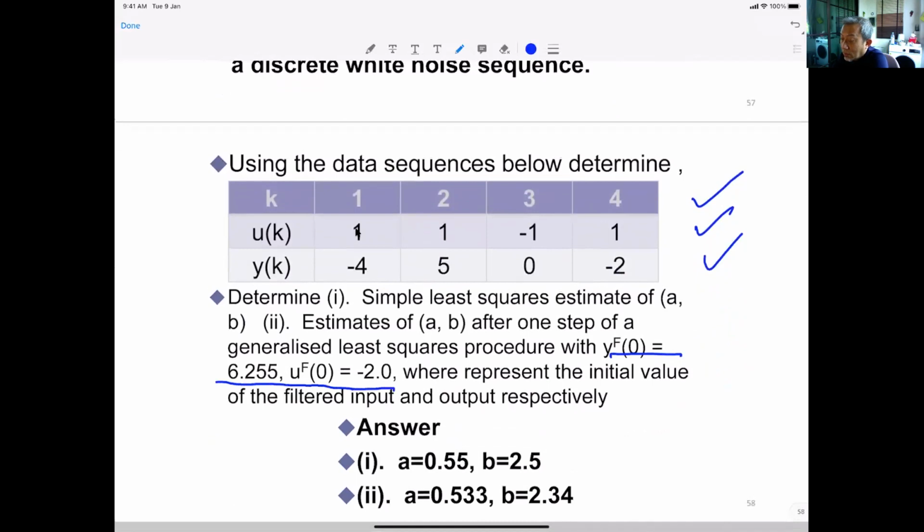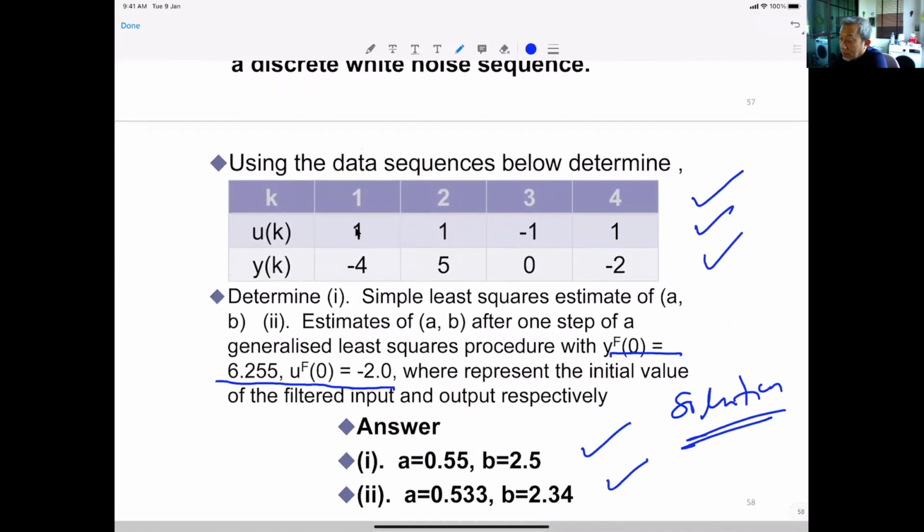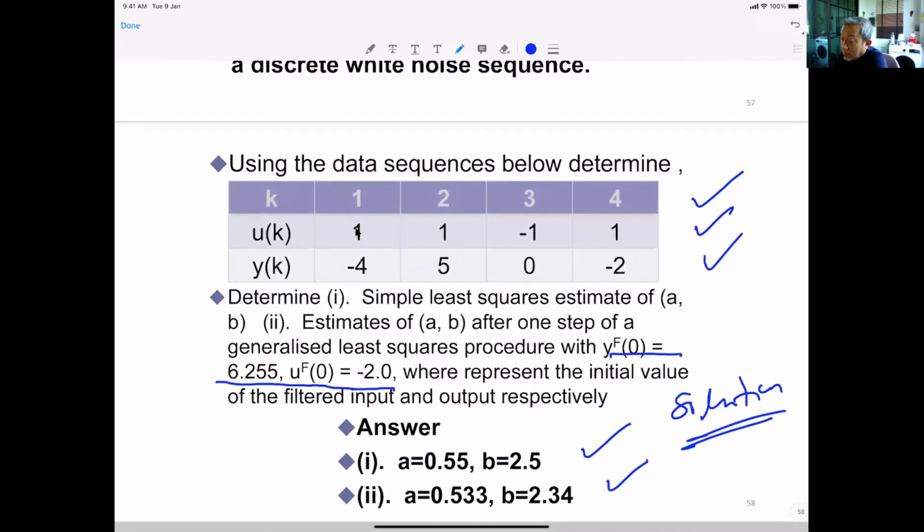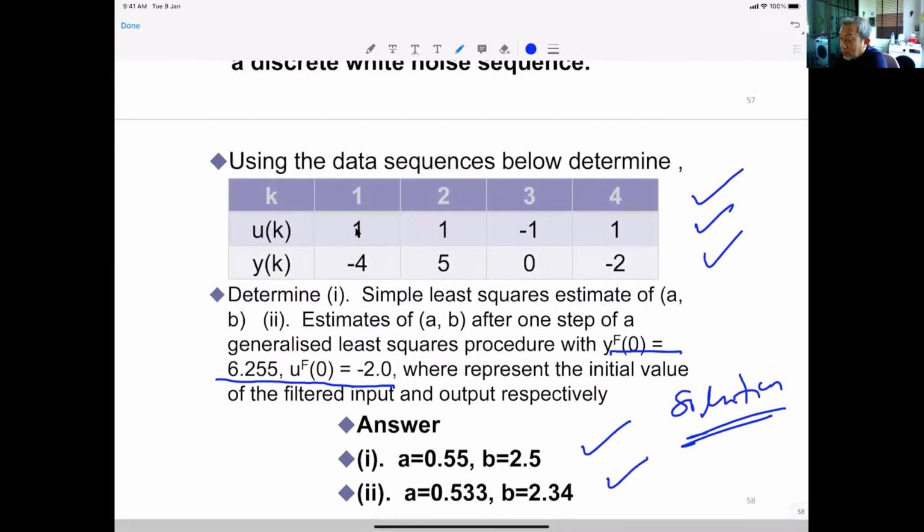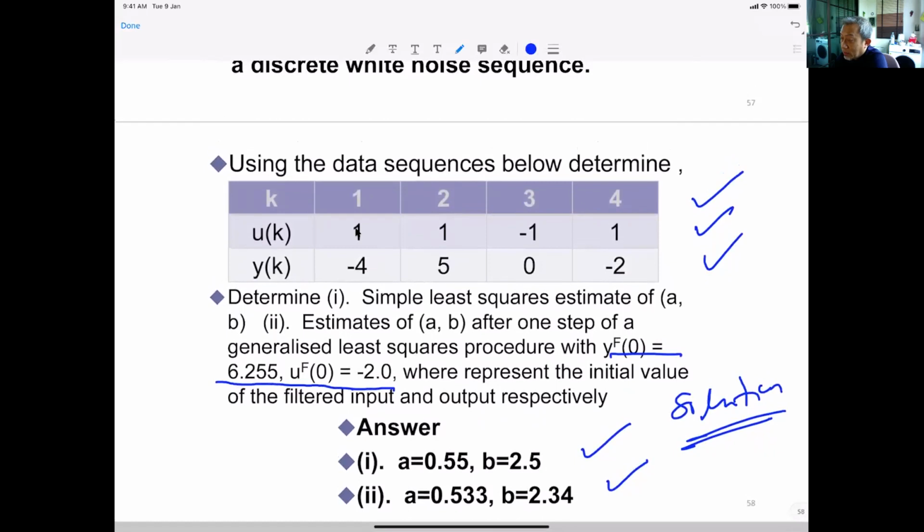The answer is given here, but you have to do the solutions after the class, maybe as an exercise for tonight and get ready for tomorrow's test. Right, so that is the chapter 4 slides.